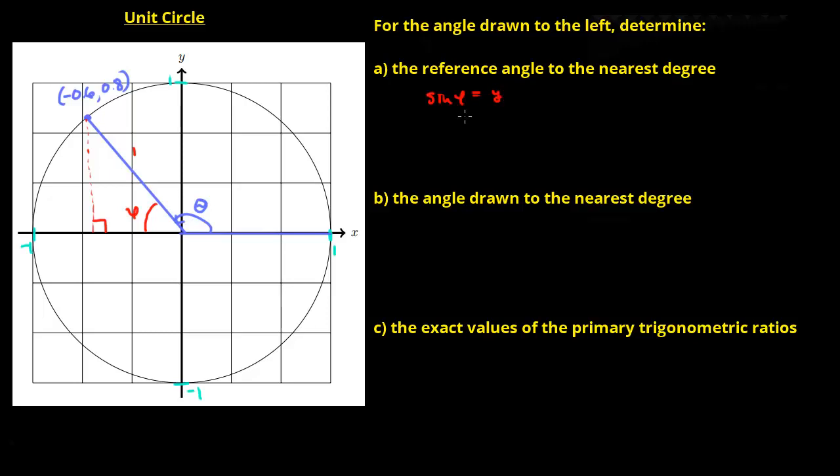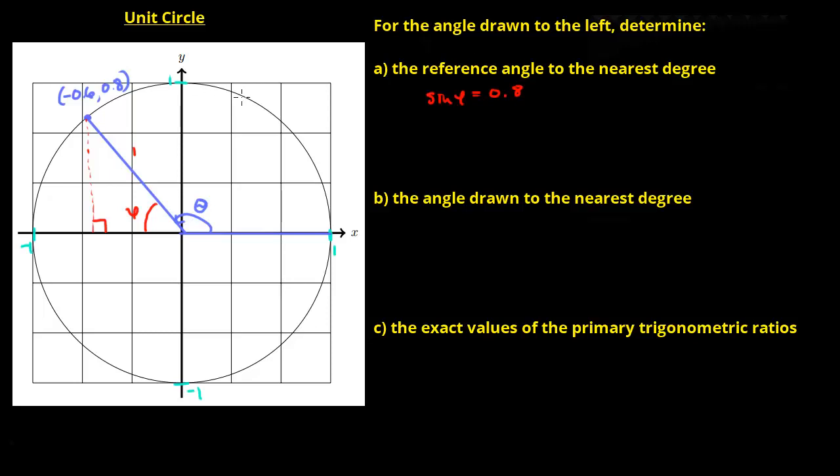Let's write it as y over r. So here the sine is 0.8 over 1, which is just 0.8.